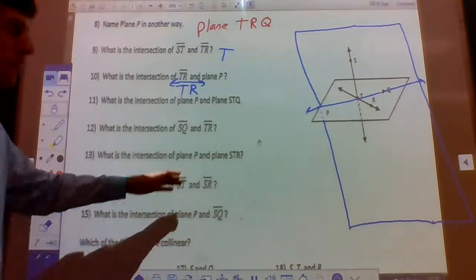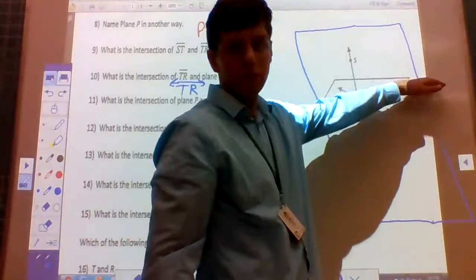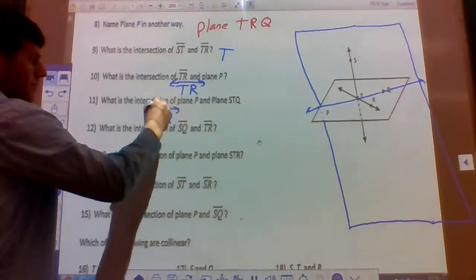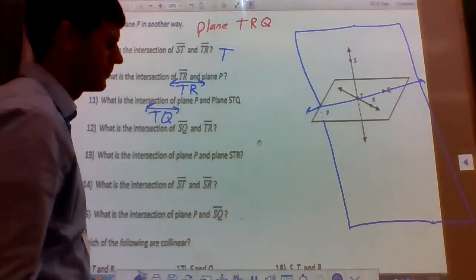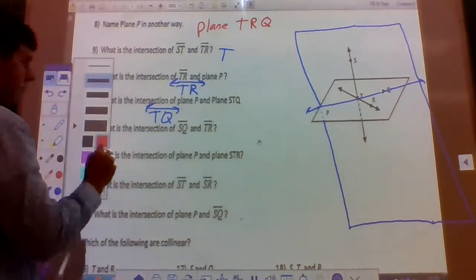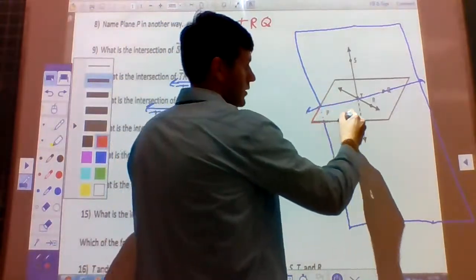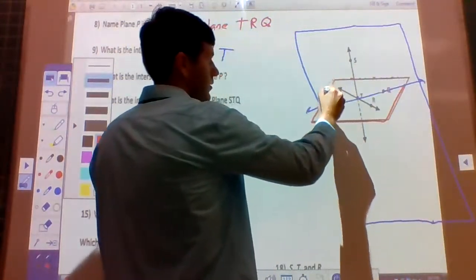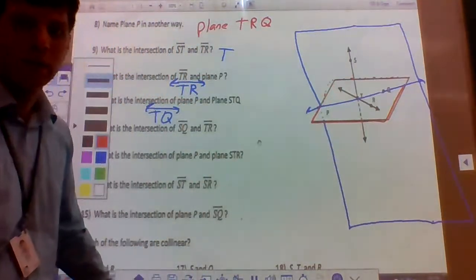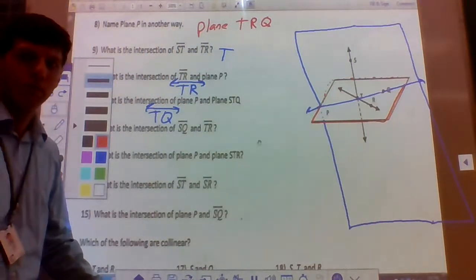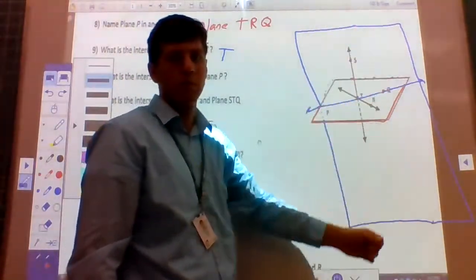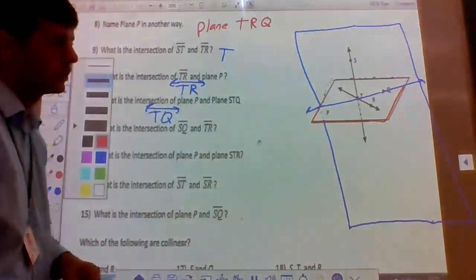Anyways, the line is going to be line TQ. Let me actually do this plane, and we'll put dots here. Maybe that'll look better. Yeah, I think that looks better. So you have one plane that's slicing up through the red one. The blue one's slicing up through the red one, and it's intersecting at line TQ.